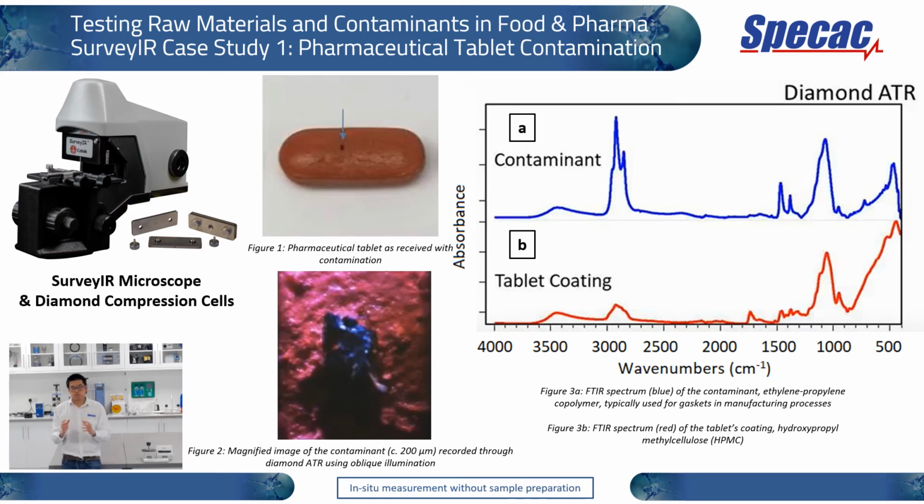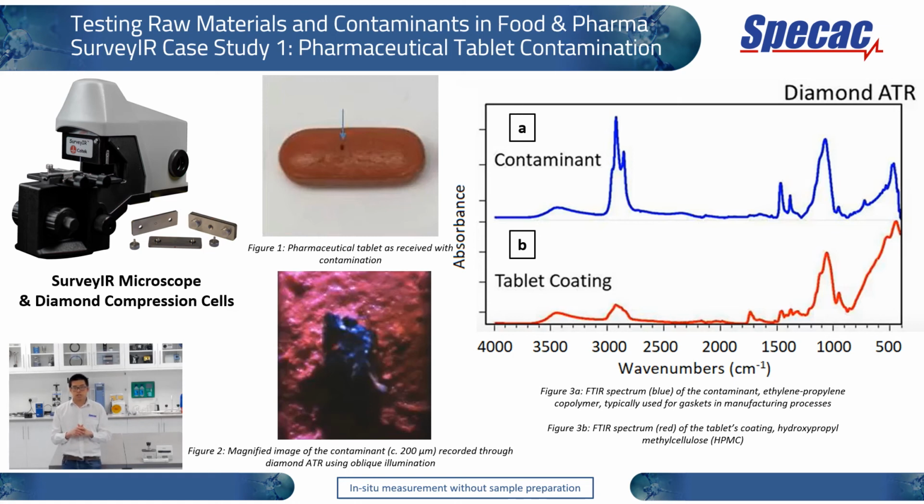Of course, it's not so clear, so by the use of a microscope, we can magnify into the contaminant, which is roughly 200 microns, as recorded through the diamond ATR using oblique illumination.